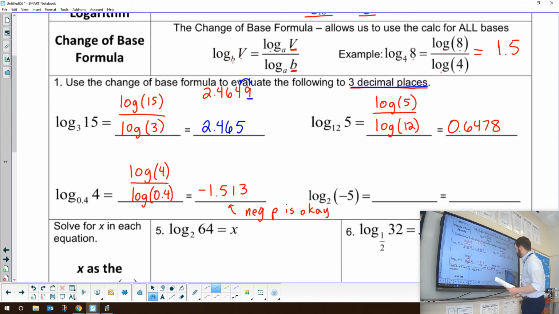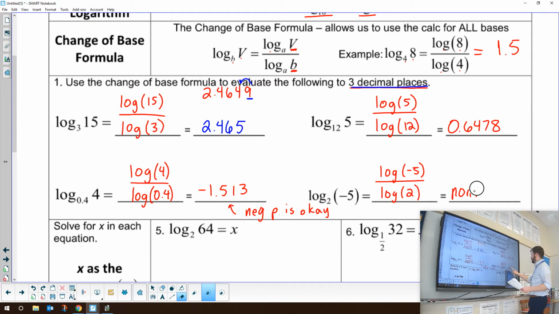Okay, next up, we have log base 2 of negative 5. So we're going to write log of negative 5 over log of 2. And if we plug this into our calculator, it would tell us that we have an error because this is not possible.